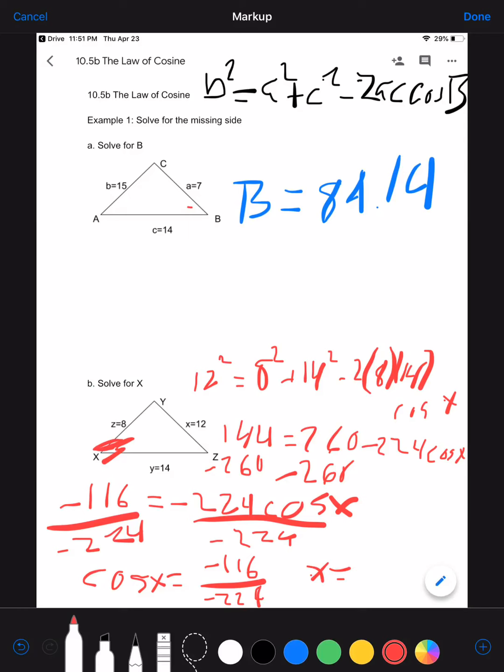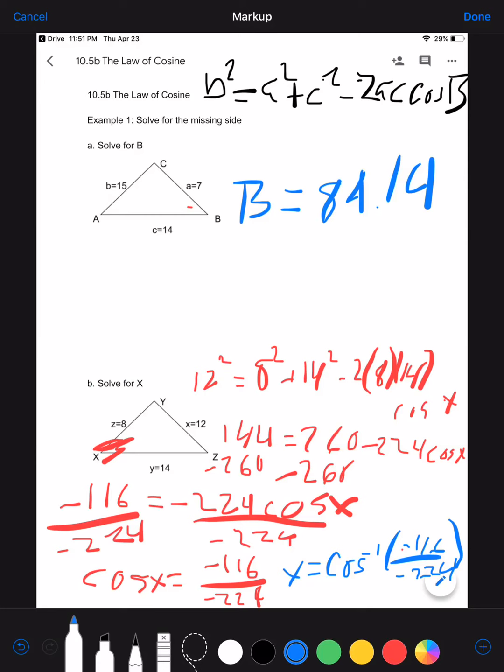So X equals inverse of cosine. And then our numbers, negative 116 over negative 224. And we're going to put that in our calculator. So second cosine, negative 116 divided by negative 224.